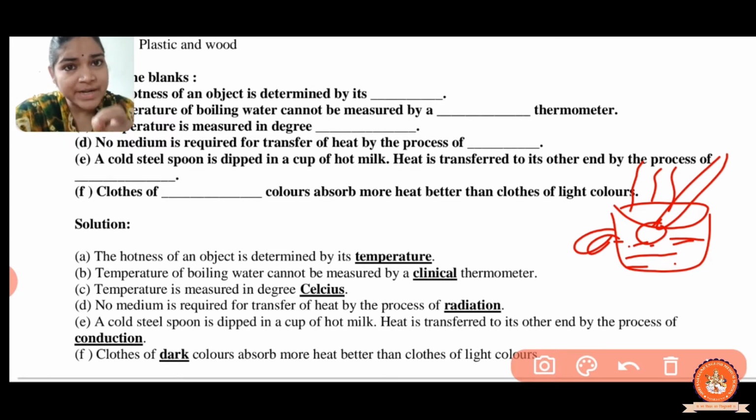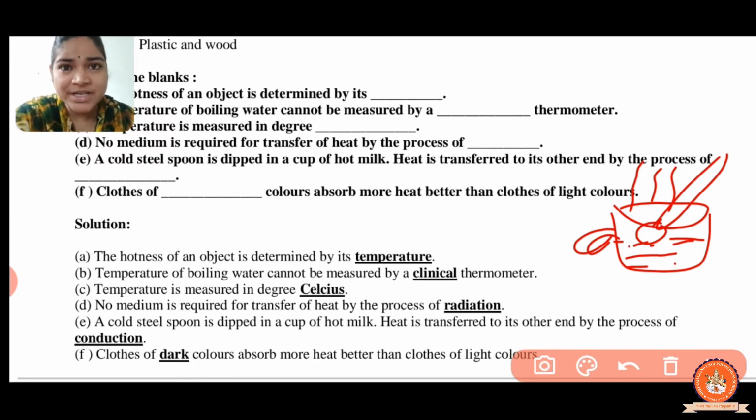So heat is transferred to its other end by which process? When we dip the spoon in the cup, the heat transfers through the conduction method, because the milk and the spoon are in direct contact, and generally in solids heat transfers through conduction.